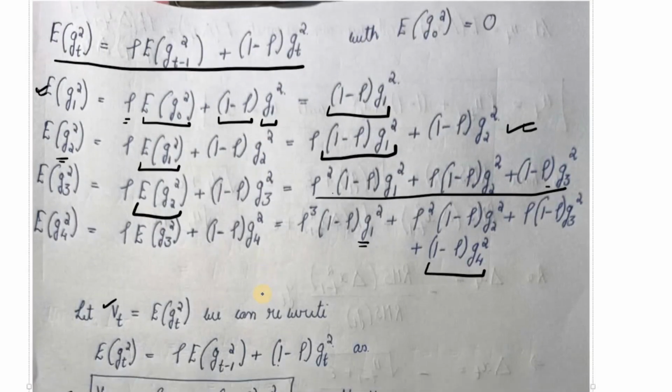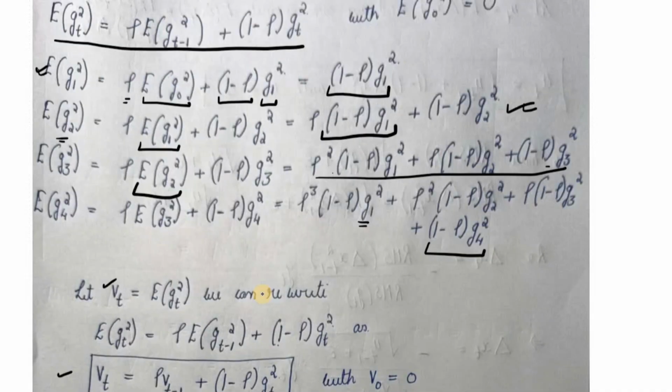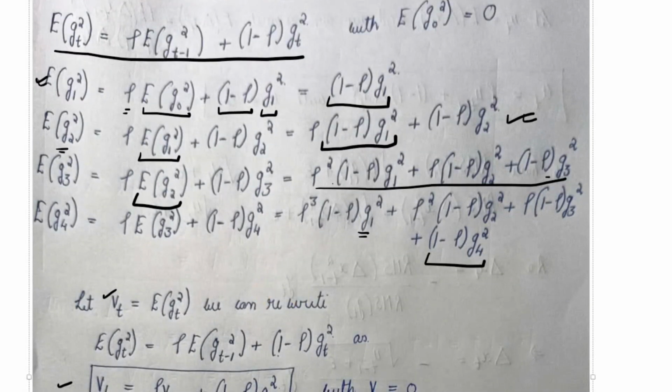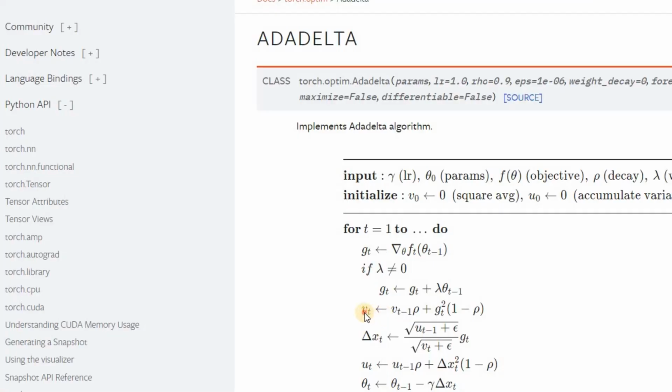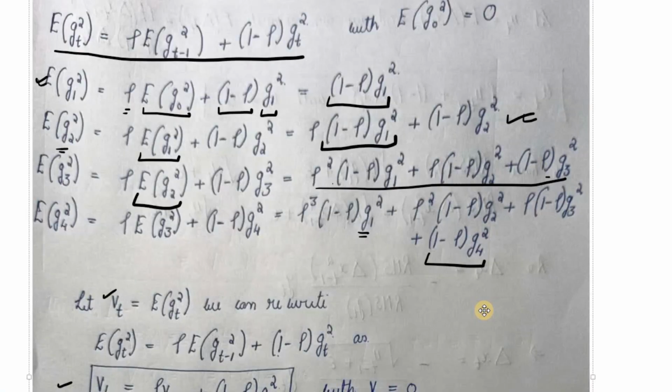Now if we see the PyTorch implementation of this algorithm, we can see that this term vt is equal to vt minus 1 times rho plus gt square times 1 minus rho, which is written over here. This is exactly what we have attained over here.